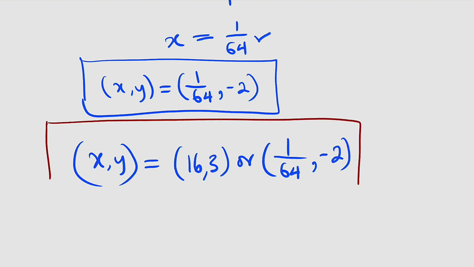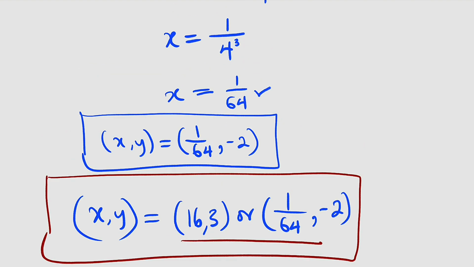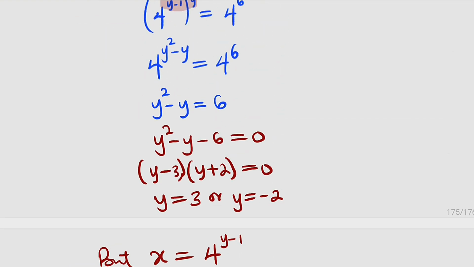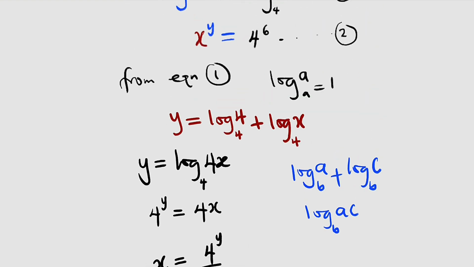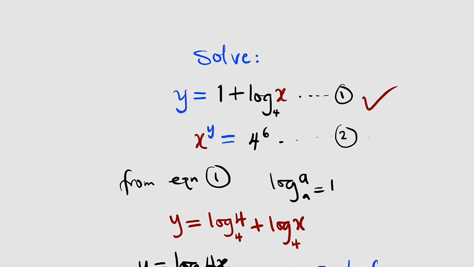These are the values of x and y in these equations. So let me give you this little task. Try to check whether these two solutions satisfy our original problems, which are these two equations.